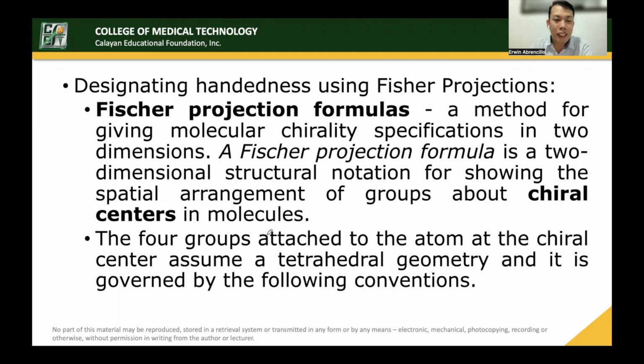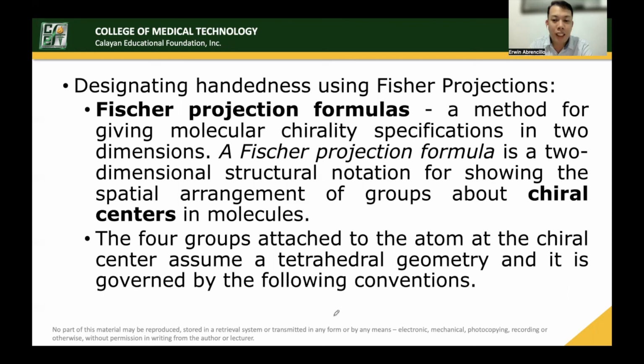Now, what is a Fischer projection formula? It is a method for giving molecular chirality specifications in 2 dimensions. A Fischer projection formula is a 2-dimensional structural notation for showing the spatial arrangement of groups about chiral centers in molecules. So you can easily observe the chiral center when the structure is in a Fischer projection formula.